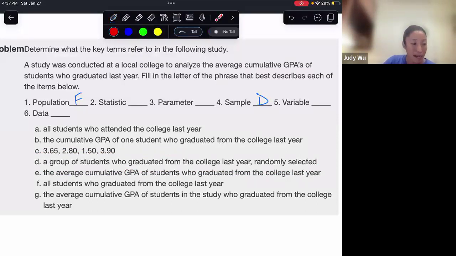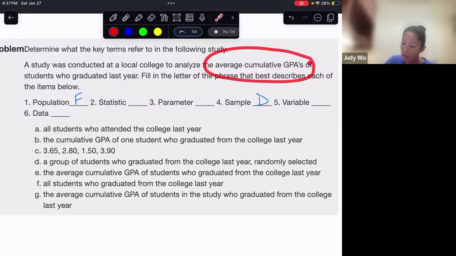All right, next up in our textbook is the idea of a statistic. A statistic is nothing more than a number that represents a property of a sample. So what is it about these people or things that we want to study? What we're curious about is our average cumulative GPAs.